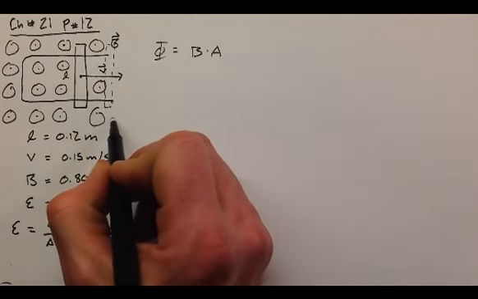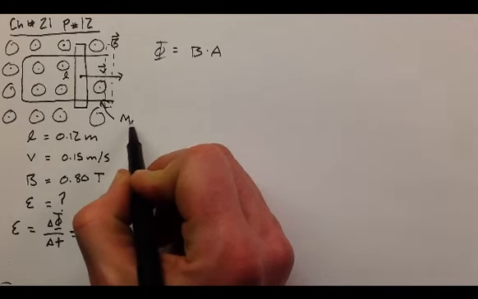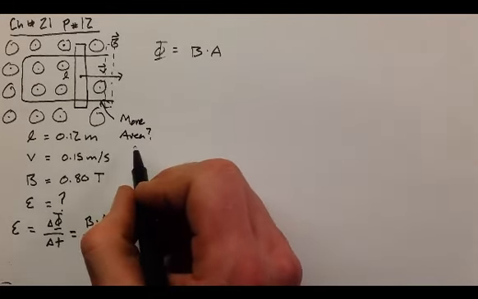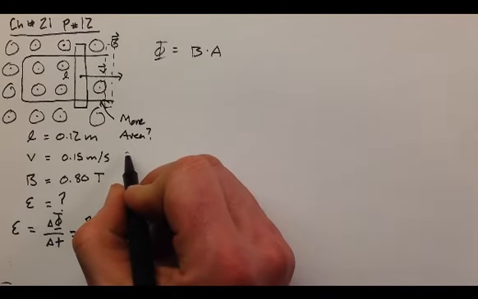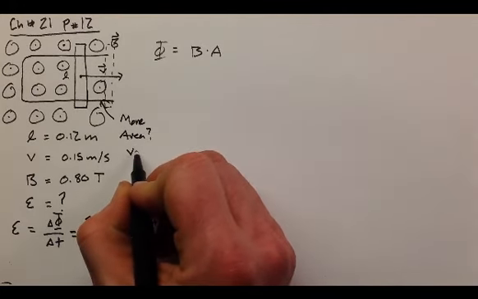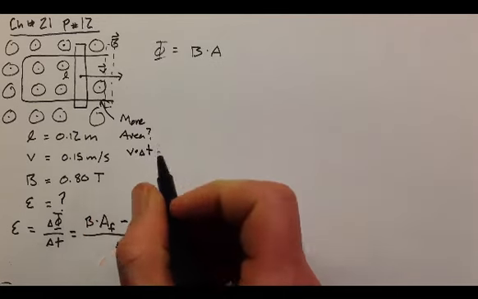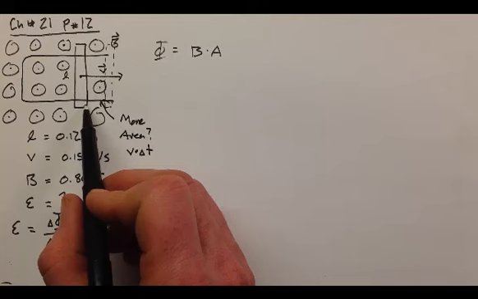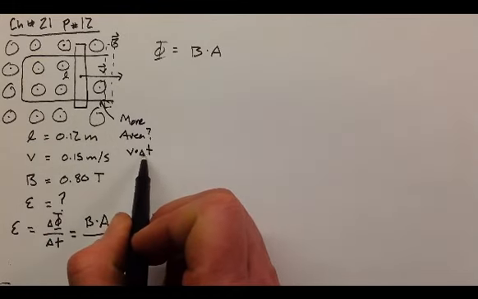How much more area is this? In some amount of time, it will have moved to the right a distance v times delta t. Distance is speed times time.